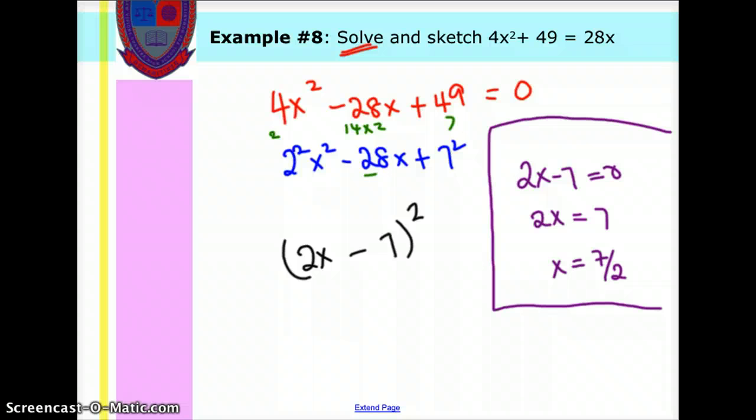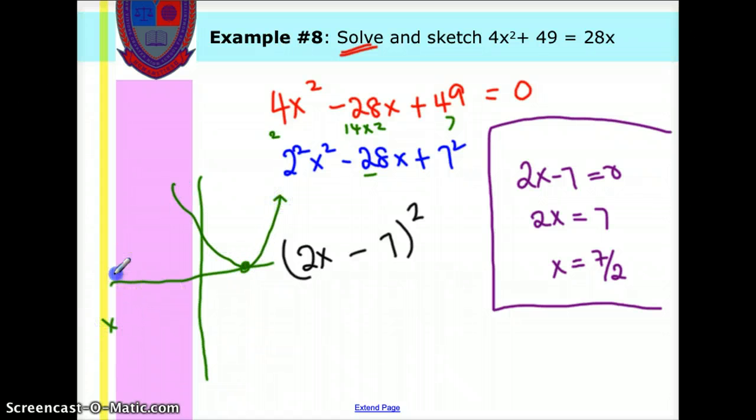Now the reason why I say sketch this is if you graph this, all this means is 3.5, let's say it's right here, it means that the graph is only going to touch the x-axis one time. Remember, this is your x-axis and this is your y. All it means is that your graph is going to touch the x-axis one time. Okay, so solve it. This is my solution and this is my graph.